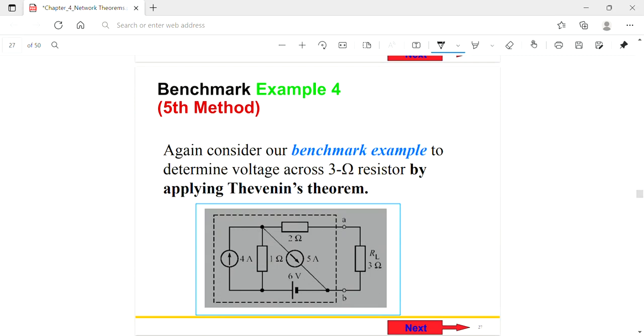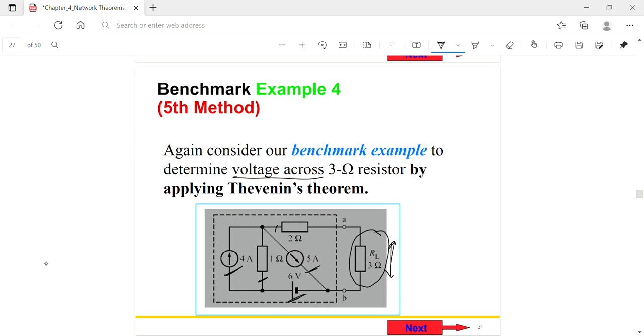So in this numerical, there are three sources: a 4 ampere current source, a 5 ampere current source, and a 6 volt voltage source, and two resistors, one 1 ohm and one 2 ohm, and a load resistor of 3 ohm. The problem states that we have to calculate the voltage across this 3 ohm resistor.